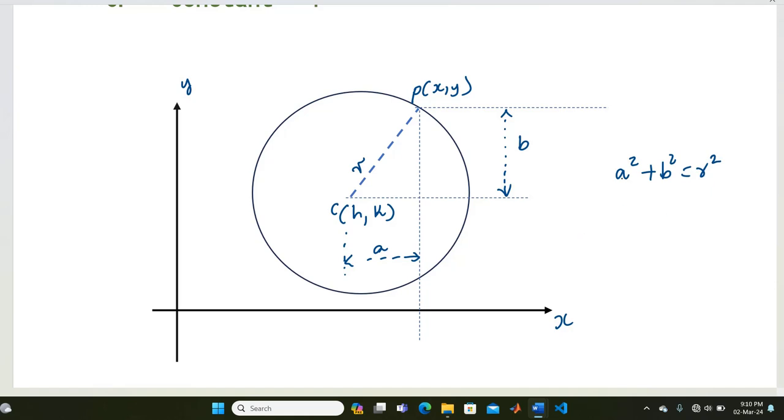But now what is a? A is going to be the distance from this C to the vertical line drawn from P. So what is that distance?